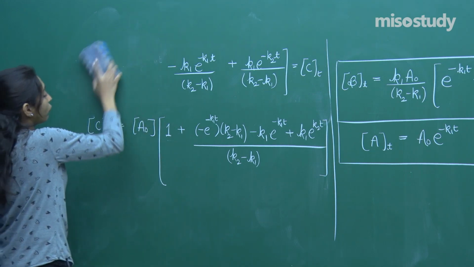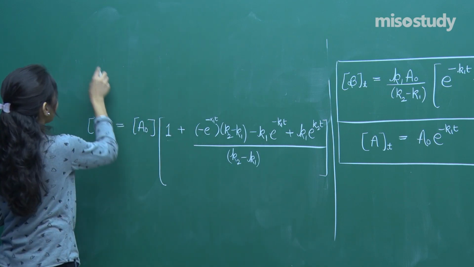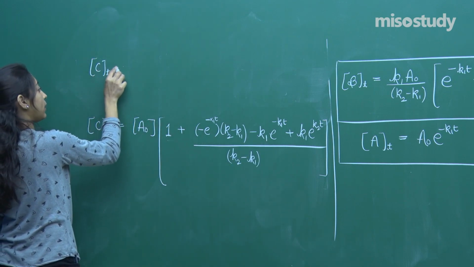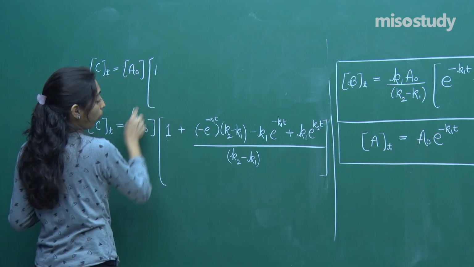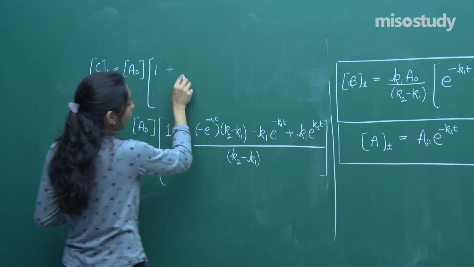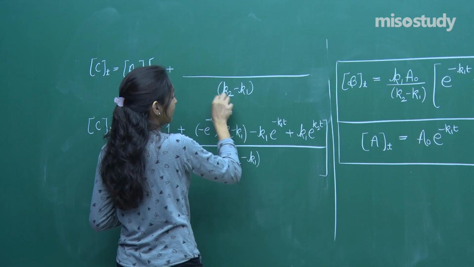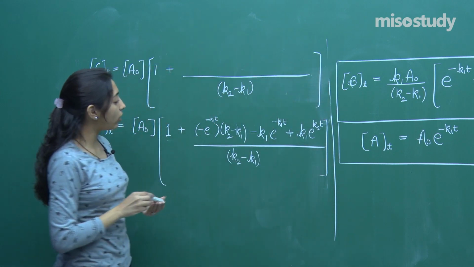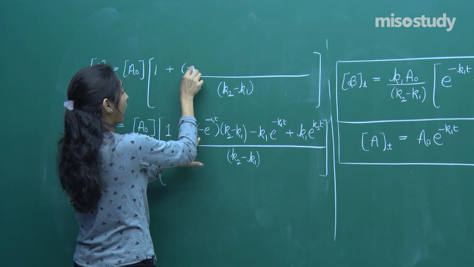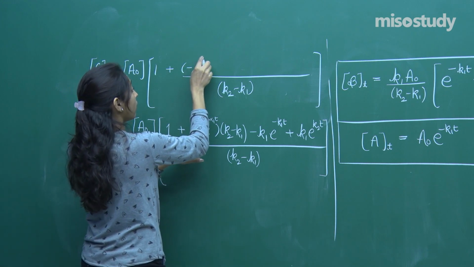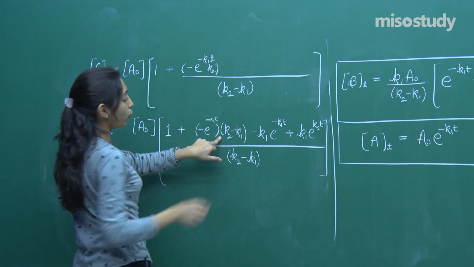Now if I want you to solve it further, you will be getting the concentration of C at any time T is equal to concentration of A naught times 1 plus. Now once again you have the entire denominator as K2 minus K1. Now let us solve it one by one. So you will have minus e raised to the power minus K1T into K2.